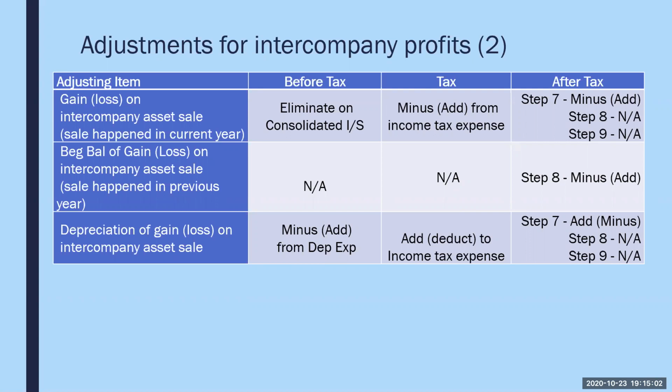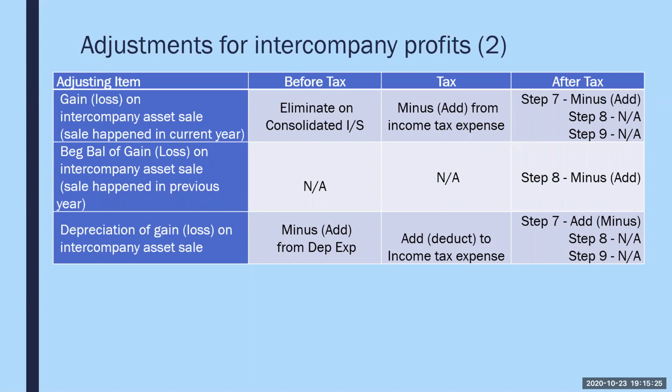To achieve that, we make an adjustment to depreciation. Now, depreciation is an expense. To increase income, we want to lower the depreciation expense. So we subtract from the depreciation expense the amount of before tax realized gain.